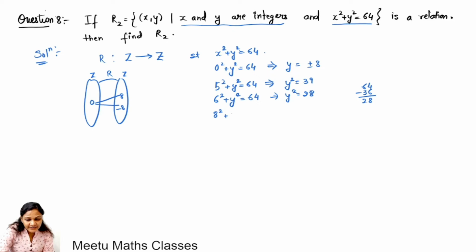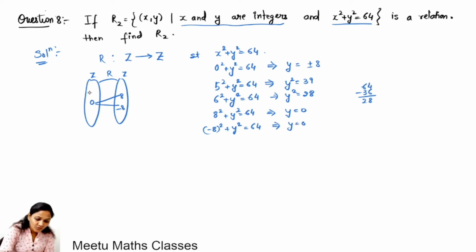So 8 square plus y square is equal to 64. We will get y is equal to 0. And we can also try for minus 8 here. And again we are getting y is equal to 0. So 8 is related to 0, and minus 8 is also related to 0.